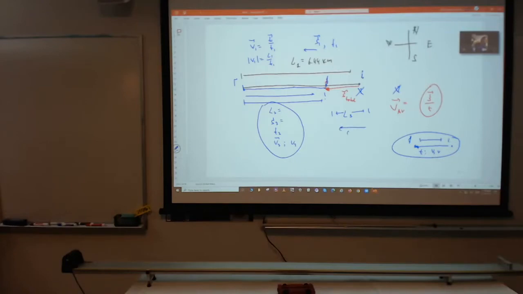This is the total displacement, or we could call it S3. And there's also distance related to this, time related to this, and the average velocity related to this, and average speed related to this. That's the third set of variables.